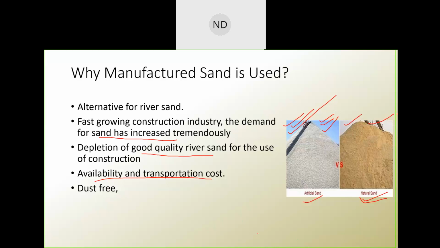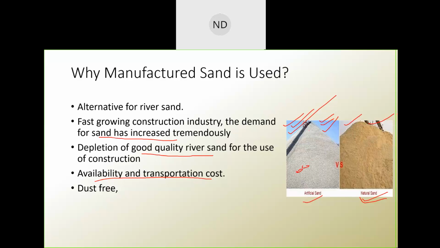The other advantage of M sand is that it can be dust free, because the size of the M sand can be controlled easily so that it can meet the required grading for the given construction.